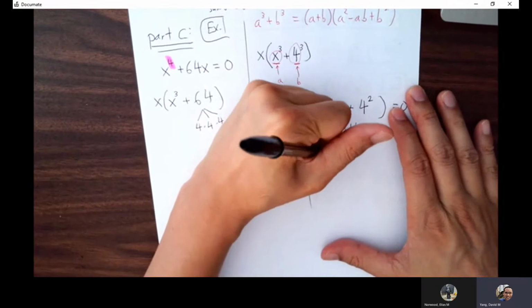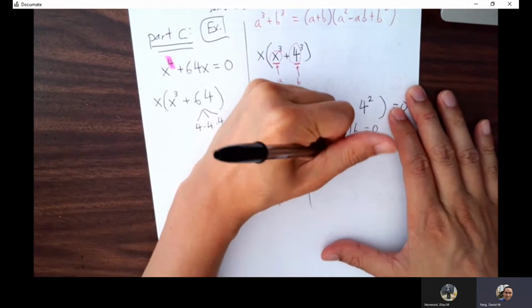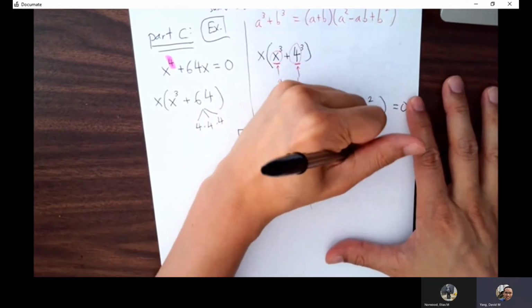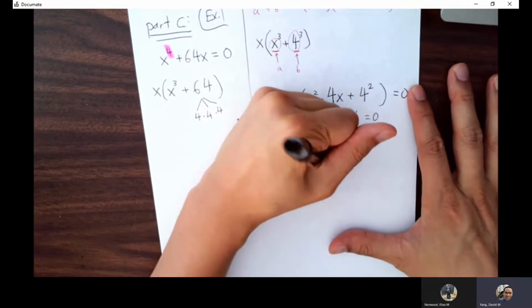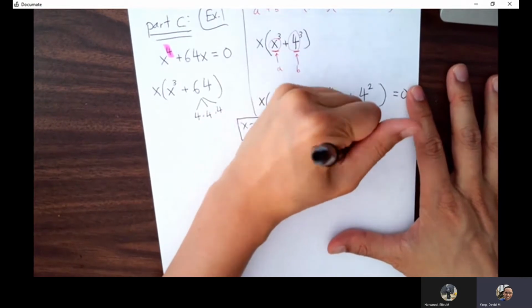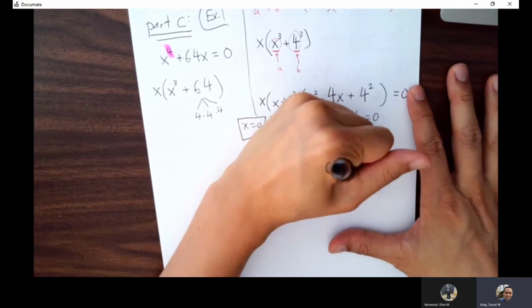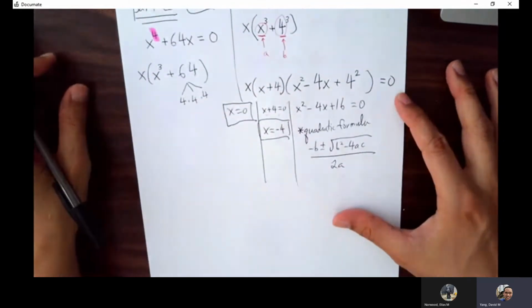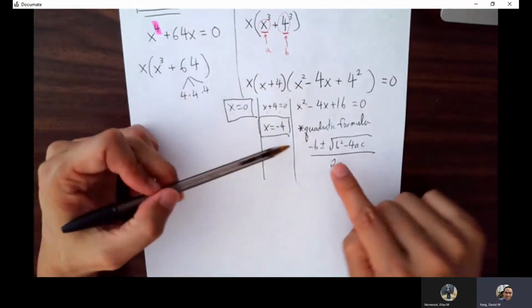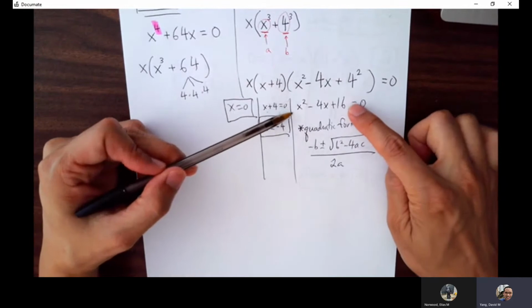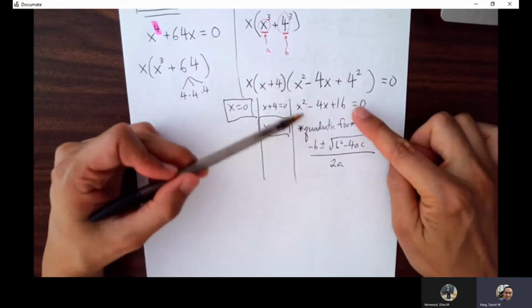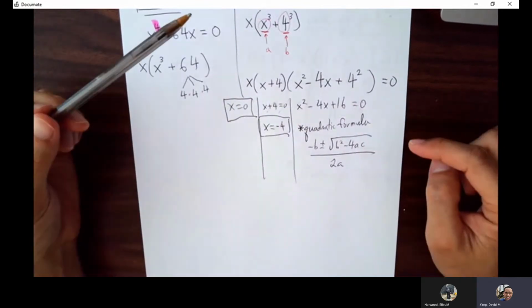Have you seen the quadratic formula? Yes. Okay, we've got to apply that. Do you know what the A, B, and C values are that we're going to insert into the formula?